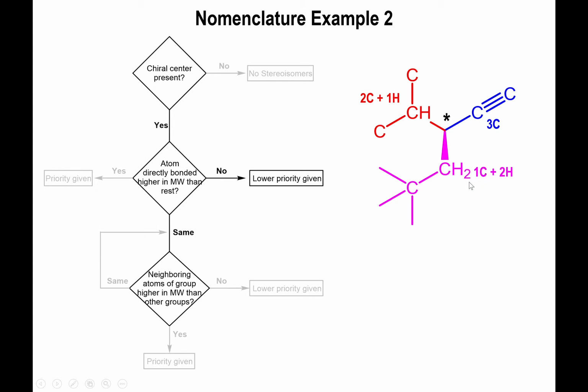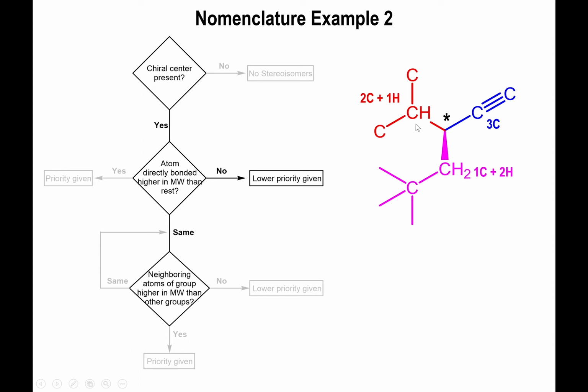So what you can tell by looking at the things attached to the neighbors is that you can start seeing some differences. In the case where the groups are regular organic groups, meaning that you have carbon and hydrogen, this is going to come down to how many carbons are bound to this neighboring group.